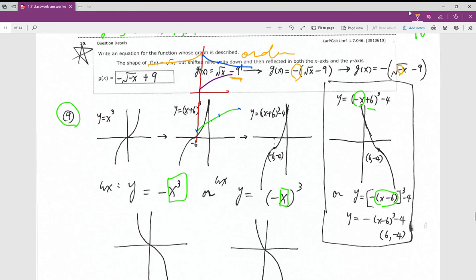For the y value, when you have y value up and down, it reflects on the x-axis. And when you have negative on the x value, you reflect on the y-axis. Okay.